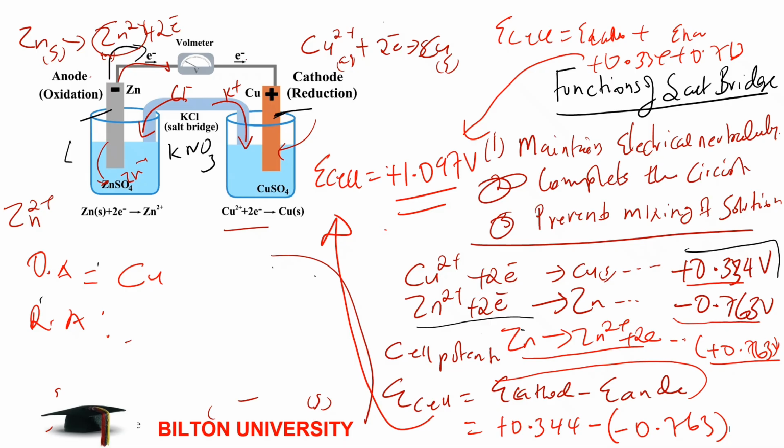So remember, the reducing agent is oxidized, while the oxidizing agent is itself being reduced. So our reducing agent here is zinc because it has the more negative standard electrode potential, and because it's a reducing agent we can still call it a reductant. And also the reducing agent is the electron donor.